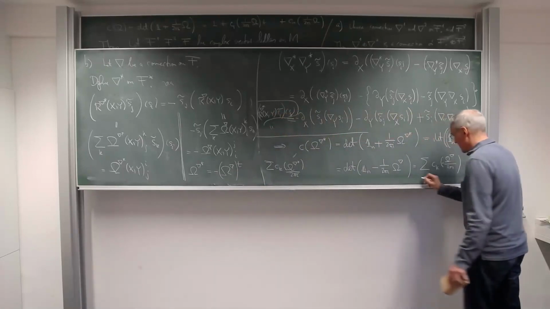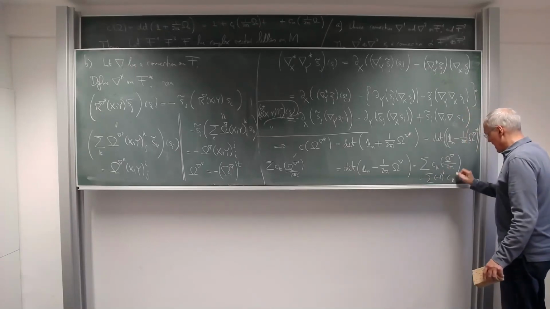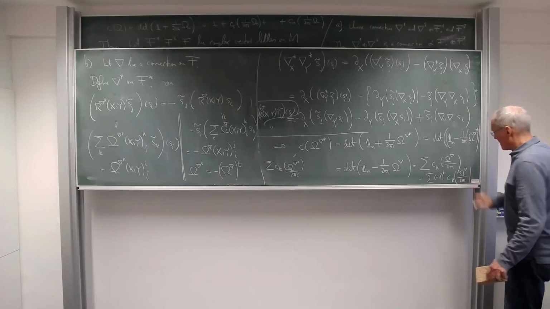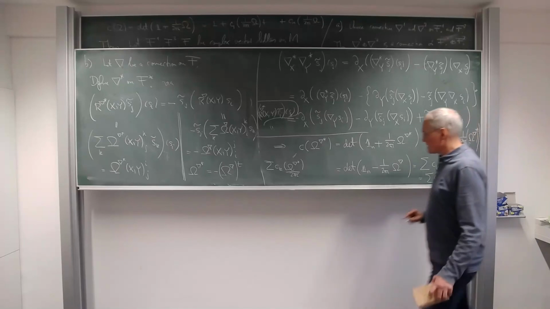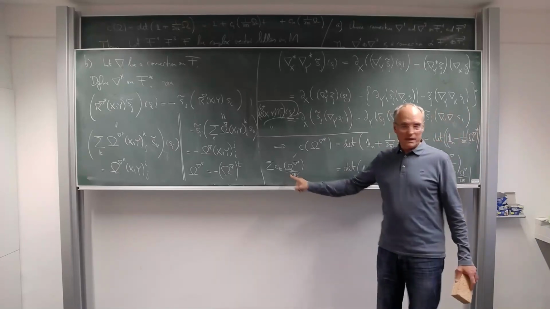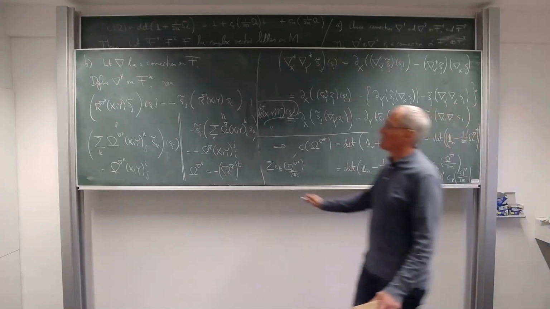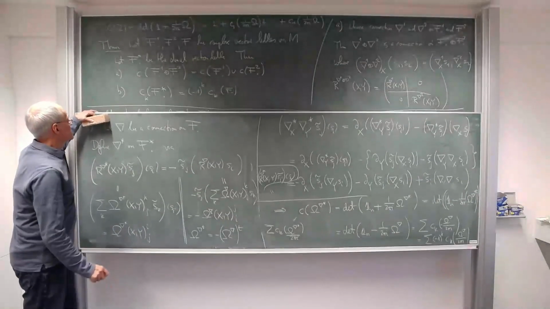And by homogeneity, this is the same as minus 1 to the k of ck of omega nabla over 2 pi i. These things represent the characteristic classes of the original bundle, the Chern classes, and this one of the dual bundle, and for the odd degrees we have this sign. This is exactly the statement in the lemma. This is the statement.